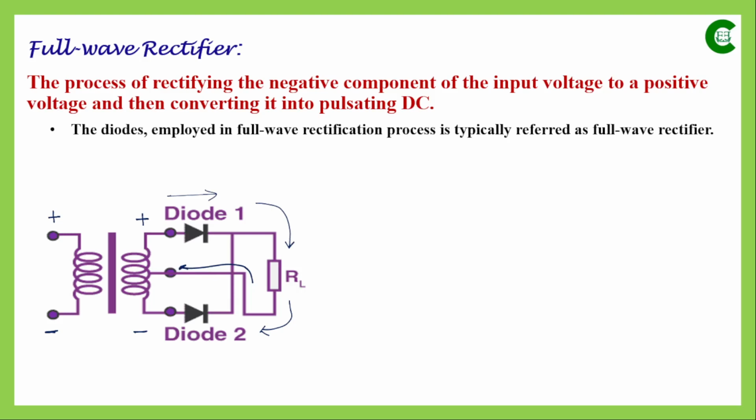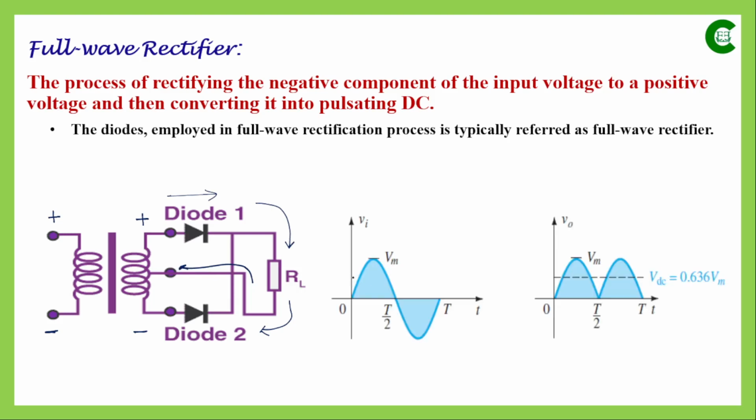Let's understand this with the help of waveforms. Now this is the input waveform where we have a full cycle. Again the time period is the same: for the positive half cycle it is T by 2, for the negative half cycle also it is T by 2, and their peak values are the same. So in case of the positive half cycle of the input signal, as the diode is conducting, current is flowing through this load resistor, so we will be getting a non-zero voltage drop across this load resistor.